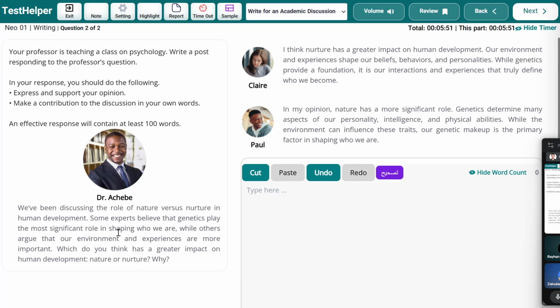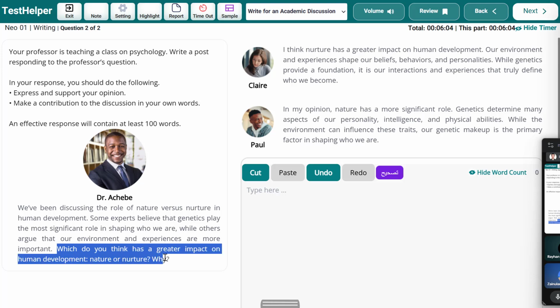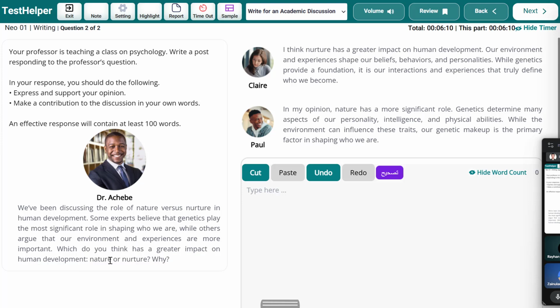The genetic, and second, the environment and experience. Then it asks the question, which do you think has a greater impact on human development? Nurture or nature? Nature or nurture? And why? This is the question, and then we have the two students' ideas.